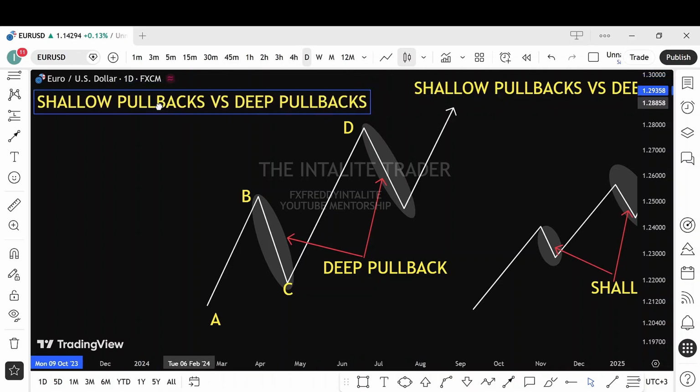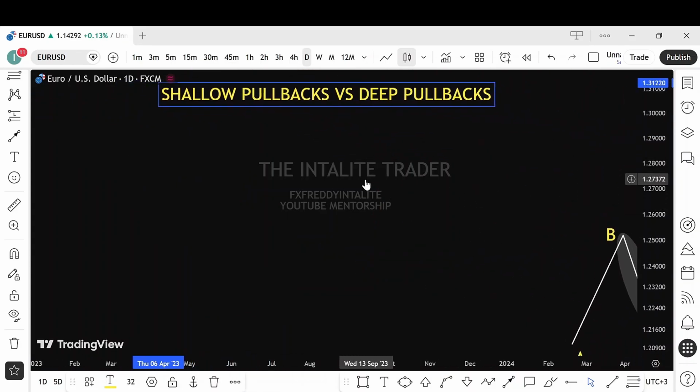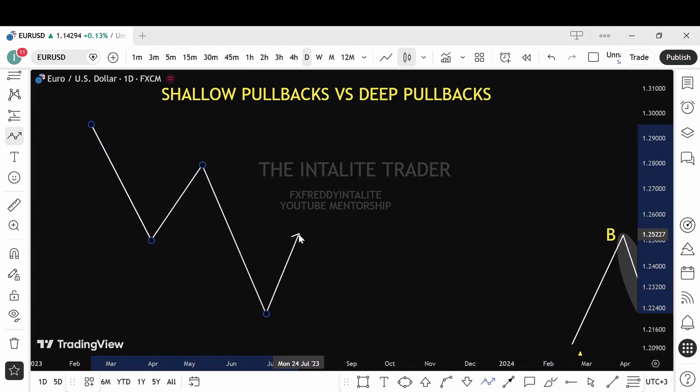But in a downtrend, the same thing can also happen. You can have price moving, giving you impulsive moves, pullbacks, impulsive moves, pullbacks like this.